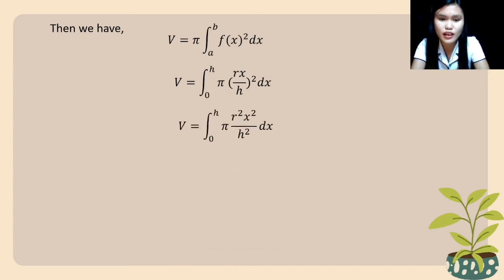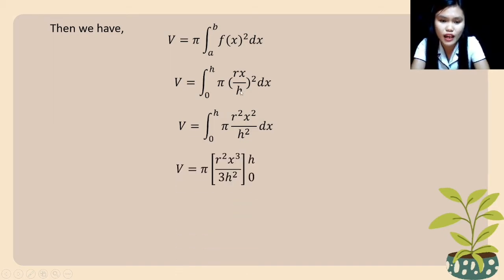Now we'll have here volume equal to the integral from 0 to h of pi times r squared times x squared over h squared dx. As you can see here, our square is distributed to r and x, and also to h, right?